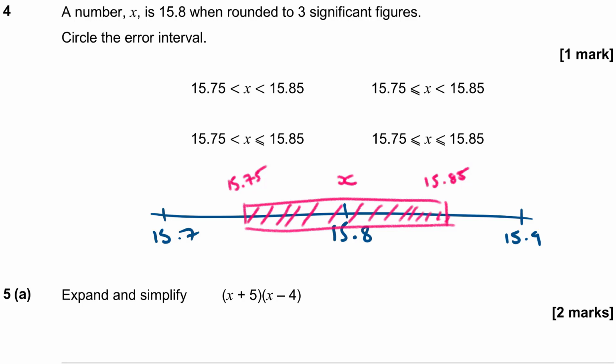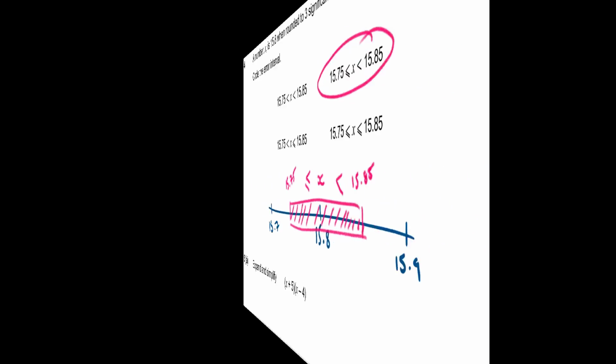Now 15.75 rounds up, so it's going to be included in the range of x, and 15.85 rounds up to 15.9, so it's not going to be included in the range, so we use a strictly less than symbol there. So the one we're interested in is that one there. 15.75 is less than or equal to x, which is less than 15.85.